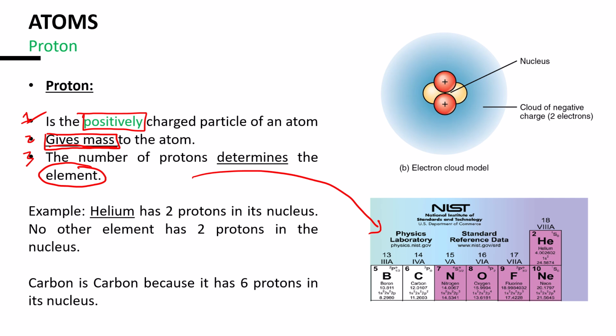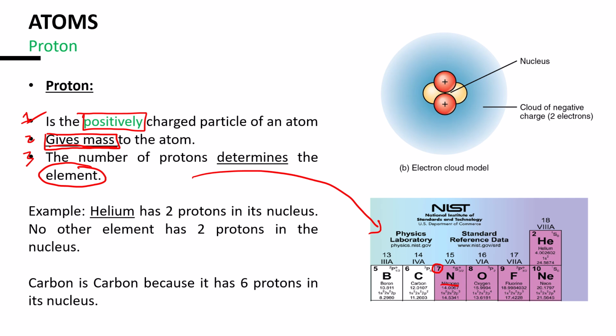When you look in the superior corner of the periodic table, you're going to see a number. In this case, helium 2, neon 10, oxygen 8, nitrogen 7. So what this number tells you is that the atom of nitrogen, for example, contains 7 protons in its nucleus.